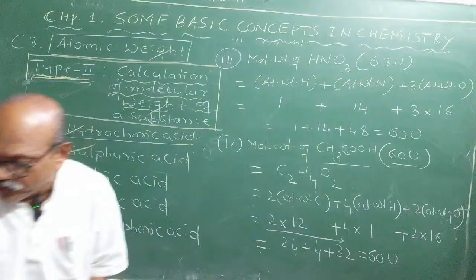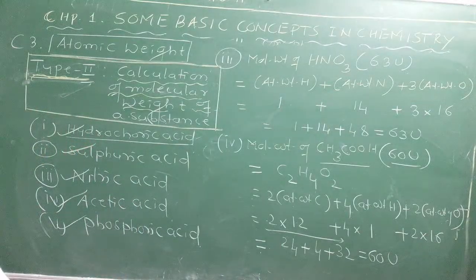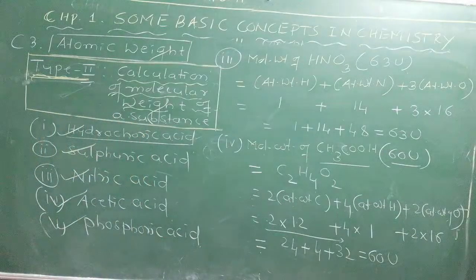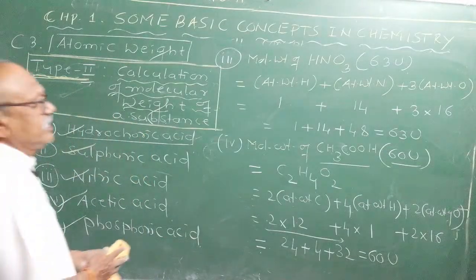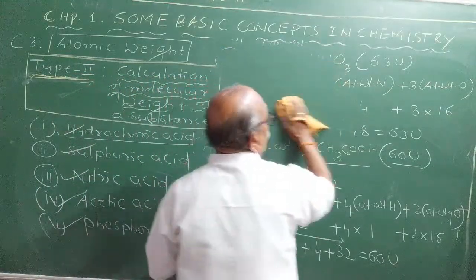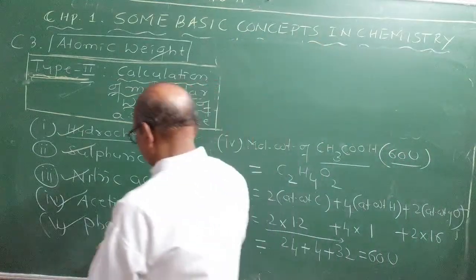Can any one of you tell me the formula of phosphoric acid? You are not interacting. Saying yes sir, no sir is not required. I want your answer. Interact. Can any one of you tell me the molecular formula of phosphoric acid? You studied it in the bridge course.